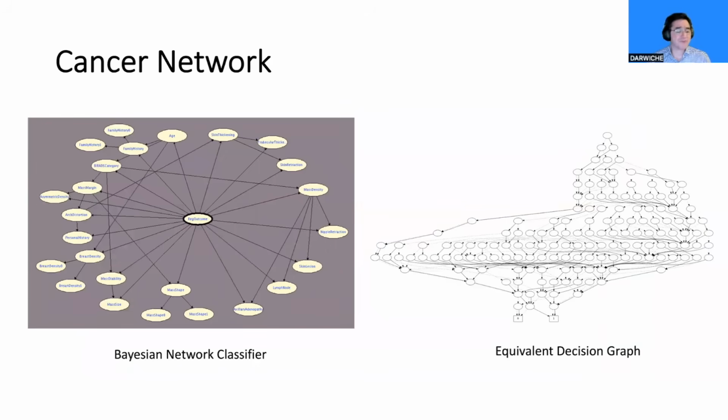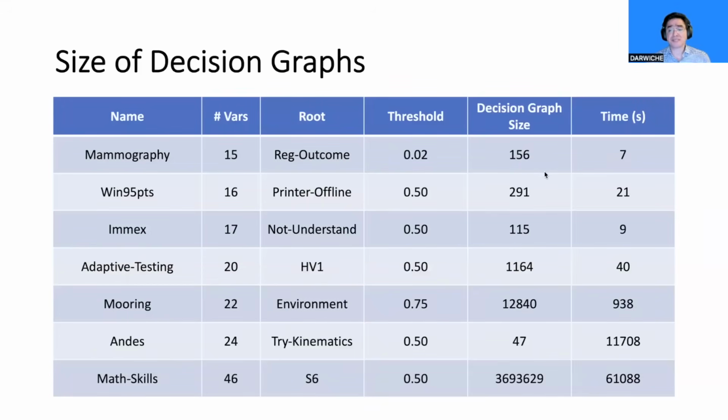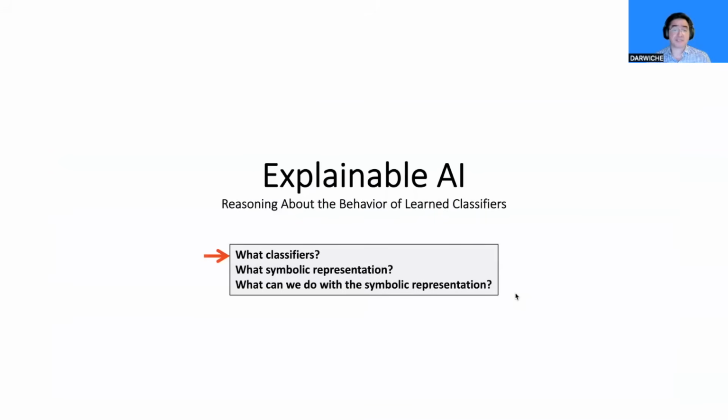Here's another example from Stanford Medical Informatics for diagnosing breast cancer. And for these and others, you can see that the decision graphs that we compiled ranged from hundreds to a few millions. So clearly, you're not going to visualize this or even these. So I just wanted to emphasize this before we move on.